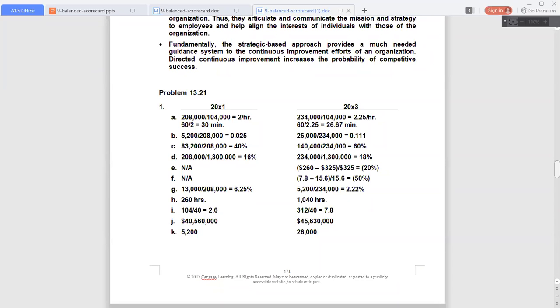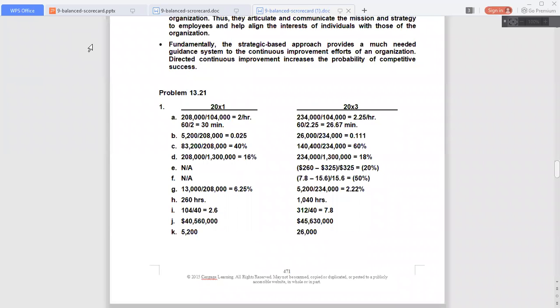We have market size in units, production hours, 40 workers, very satisfied customers, actual cost per unit, days of inventory, number of defective units, total worker suggestions, hours of training, selling price per unit, and number of new customers. So we have now to compute the following measures for 20x1 and 20x3 from letter A up to letter K. That's for requirements in number 1.